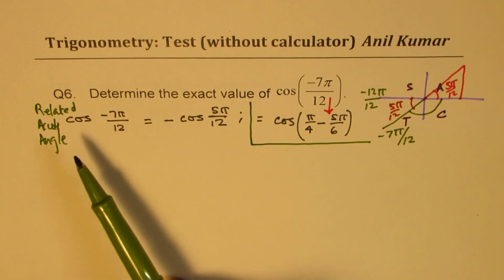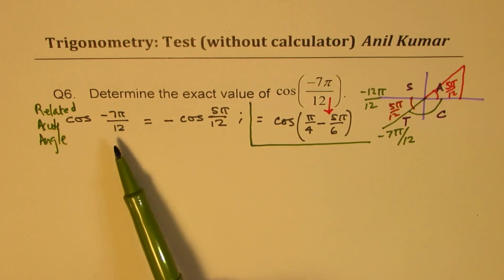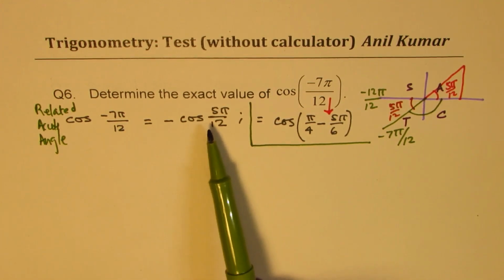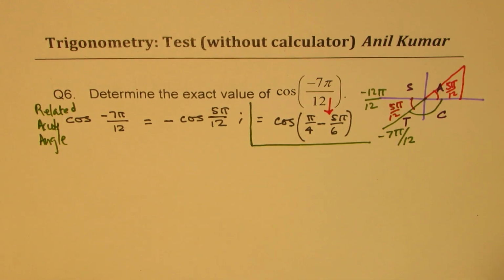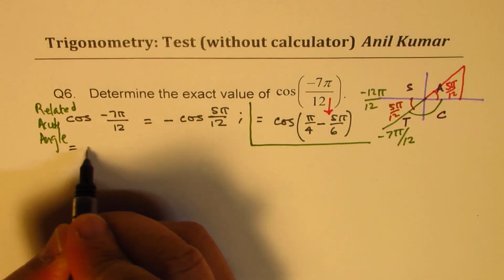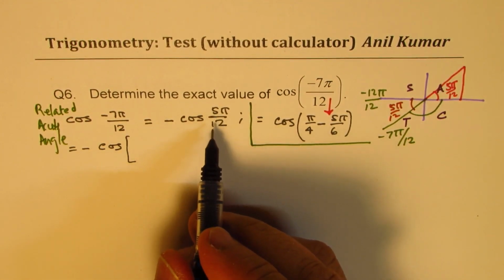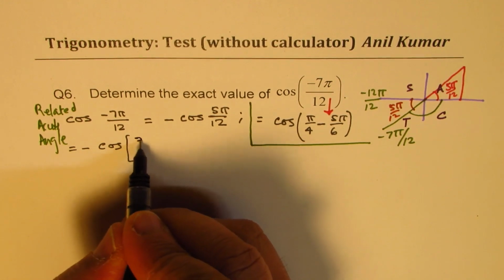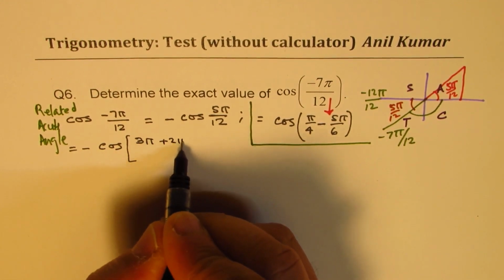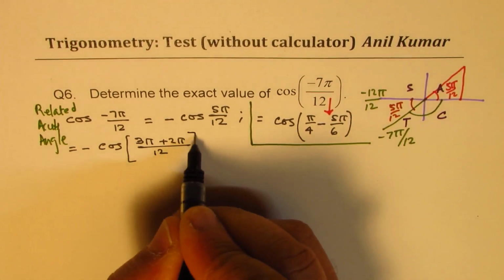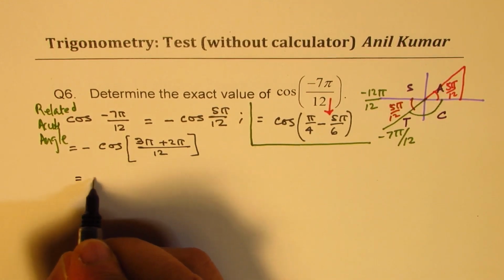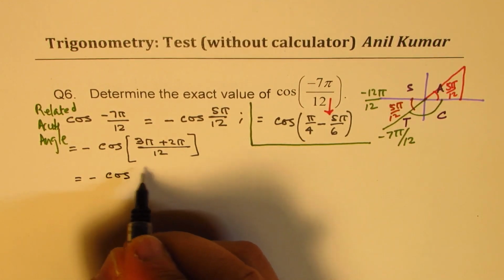Writing cos of minus 7 pi by 12 as equal to minus cos 5 pi by 12. Do you get the idea? So that is how I'm going to do it. So we could write this as minus cos of, now 5 pi by 12 I have to break up. So I could break this up as 3 pi plus 2 pi by 12. We are taking a few steps here just to make you understand.